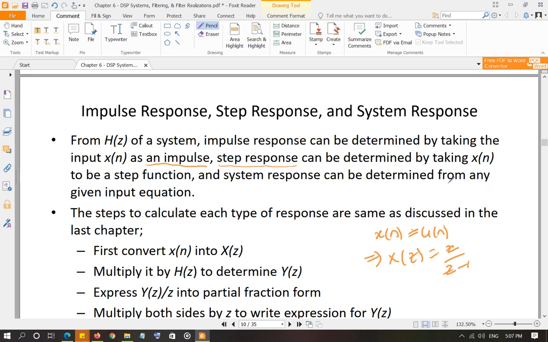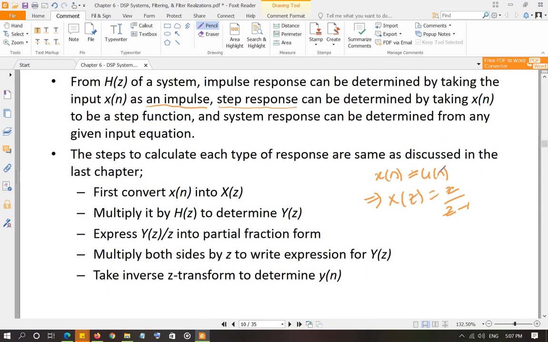First do the partial fraction of Y(z) over z, and then the inverse z transform. And finally, if x(n) is any other function instead of impulse or step, like we saw earlier, where you had x(n) equal to 0.6 to the power n, then y(n) is simply referred to as the system response.